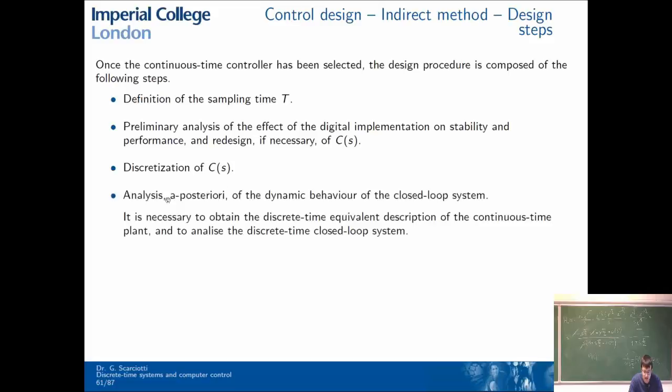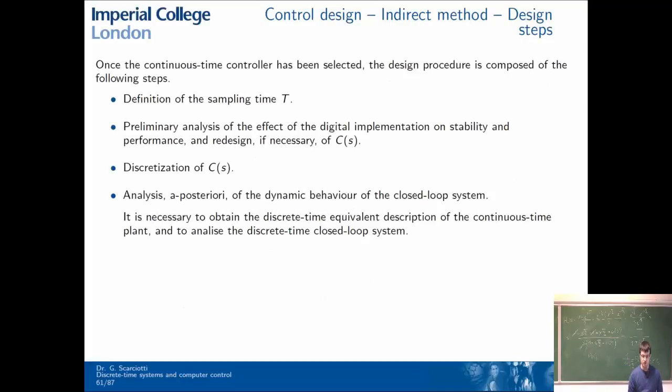And after that, we have to analyze the properties of the closed loop system in discrete time. Because again, we don't have the guarantee that some properties that we have achieved in continuous time are preserved in discrete time in general, okay? So you have to do an analysis a posteriori, so after you implement the controller, to see what is the behavior of the discrete time system.